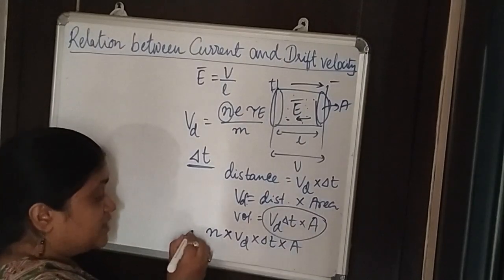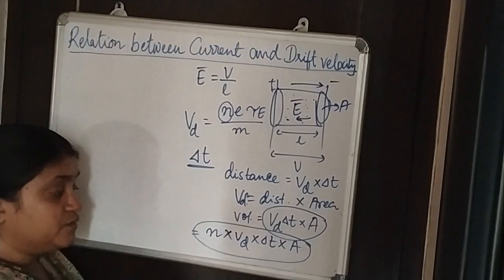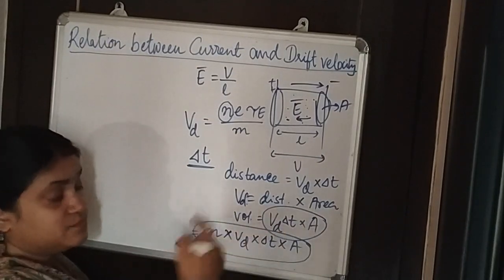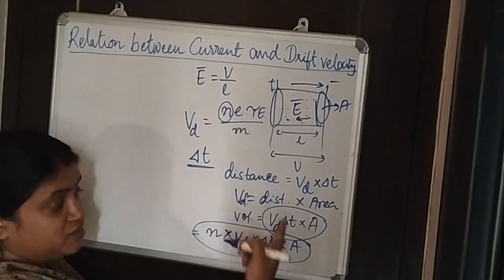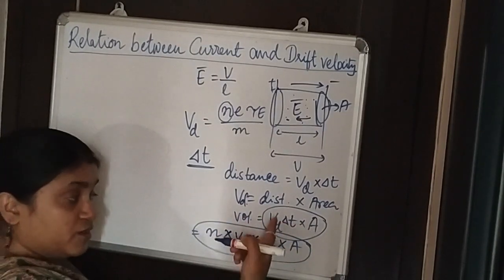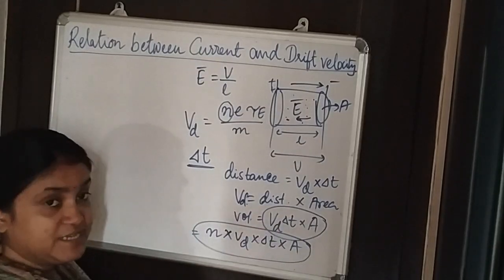This is the number of electrons present in this particular volume, in which all the electrons are travelling for del t amount of time with velocity Vd.